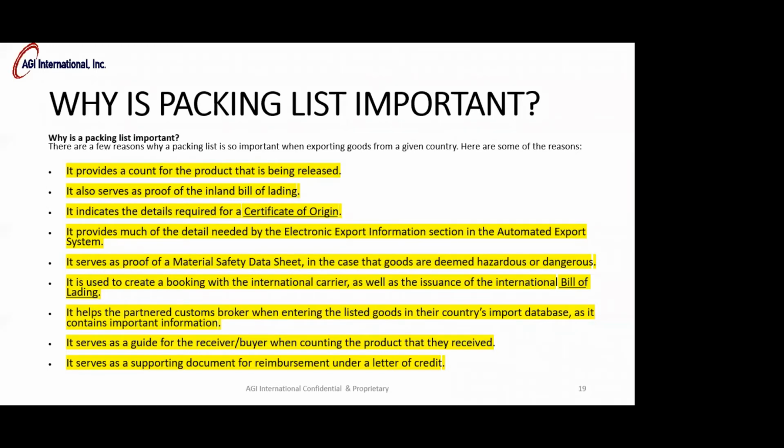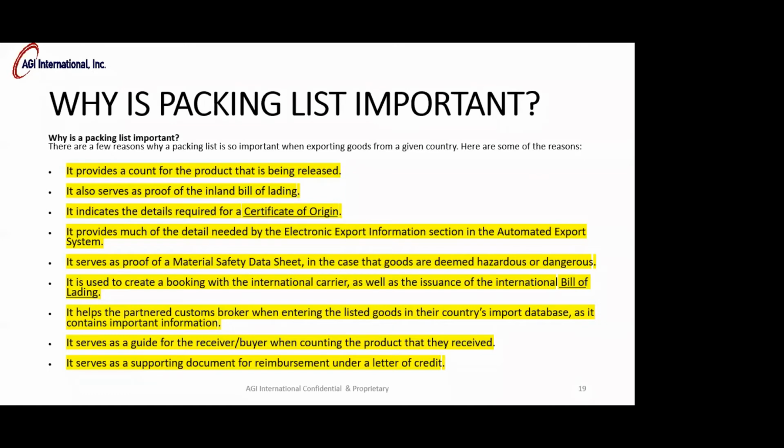It's used to create a booking with the international carrier, as well as ensure that the international bill of lading matches, all right? It helps partner customs brokers in entering the list of goods in a country's import database, or it contains important information. It serves as a guide for the receiver/buyer when counting the product to see if all was received.